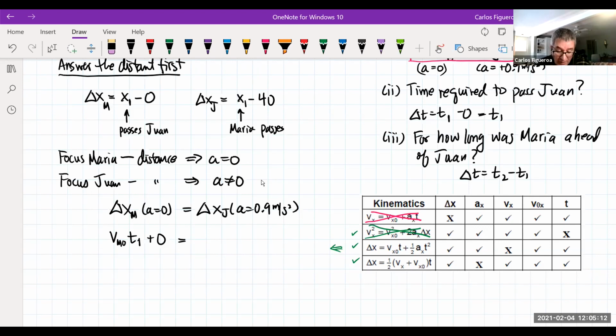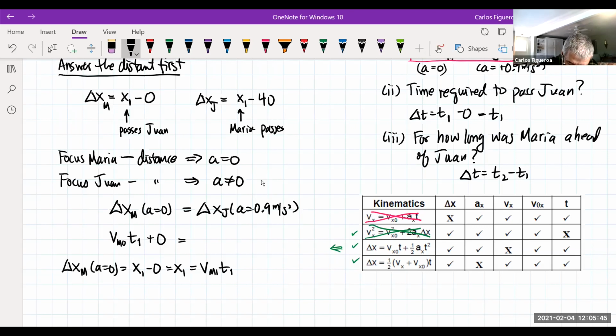I have a problem that I did not account for, and let me show you what I mean. When I look at the distance of Maria, it's really x1 minus 0, which is equal to x1. And in this case, it's V initial of Maria times T1.